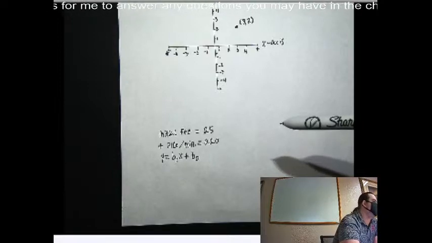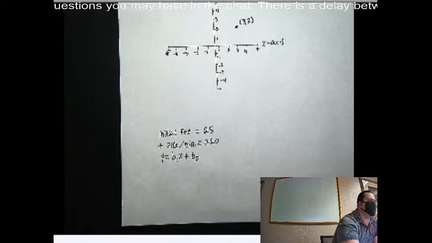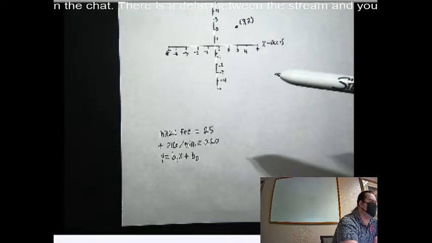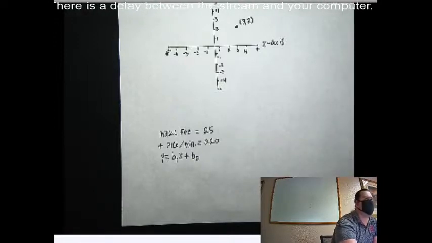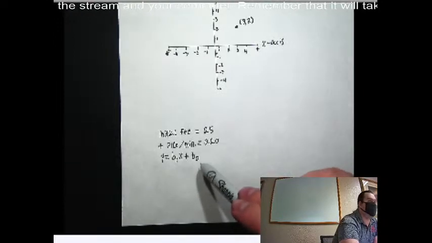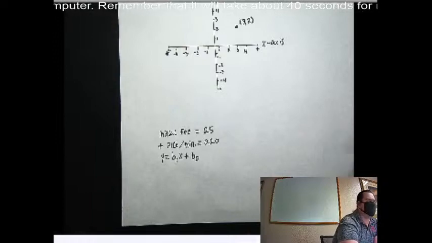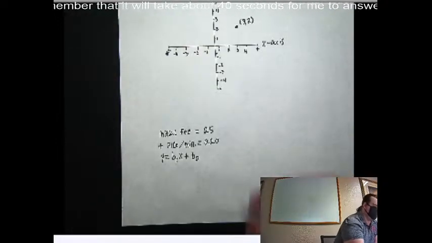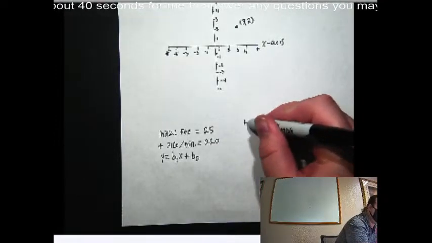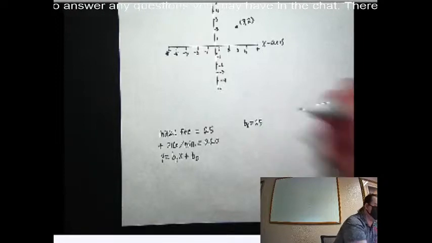Yes. So at the beginning of the month, if you don't use any phone time at all, what's your bill going to be? 25. So that's where this thing is always going to start. This right here is our b sub o, our y-intercept. Again, this is where this linear equation starts. So we can put that in. B sub o equals 25.